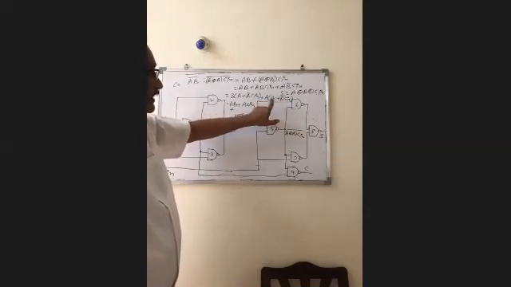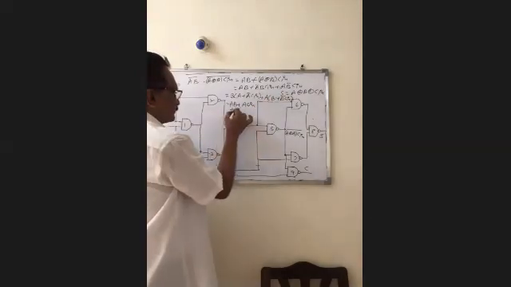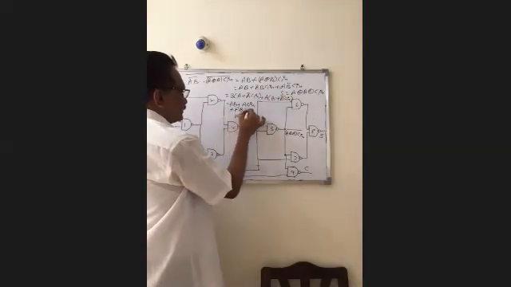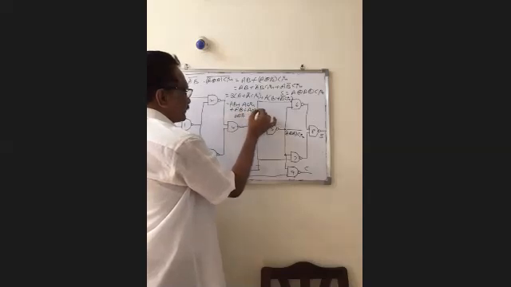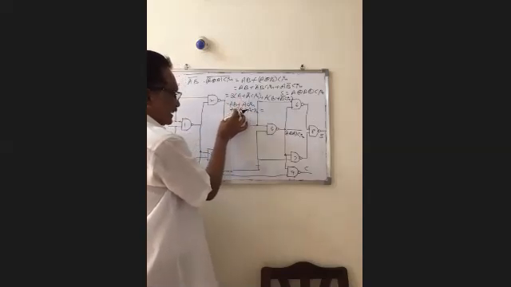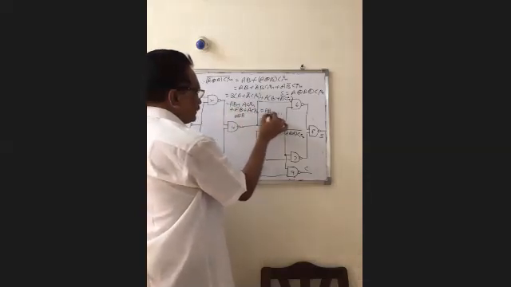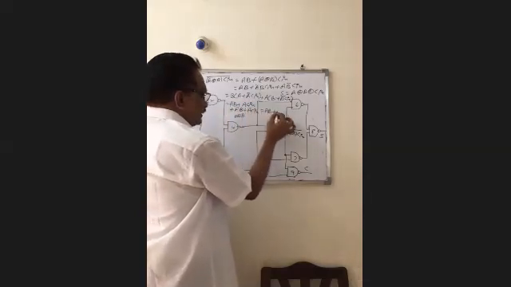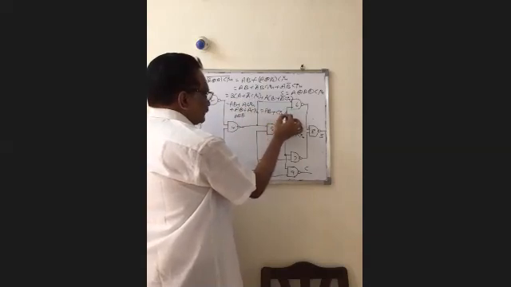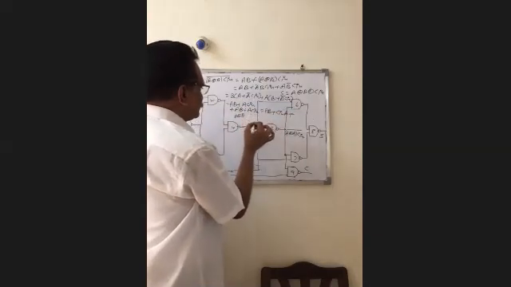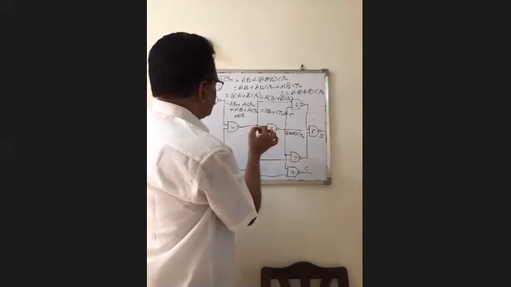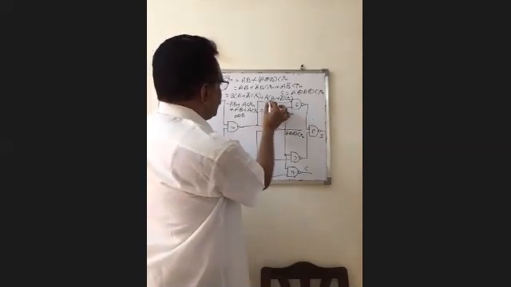So it can also be written as A into B plus A into C in. So x plus x equal to x. So write only AB plus A into C in.